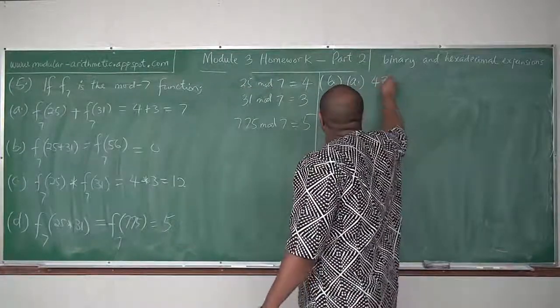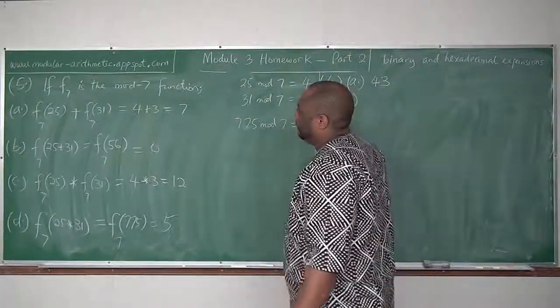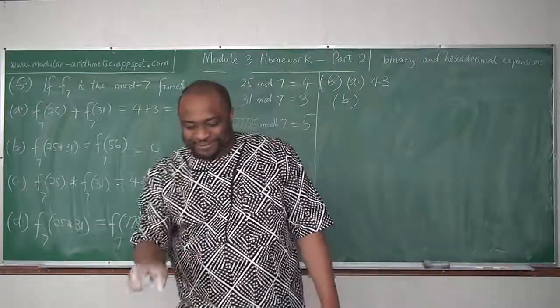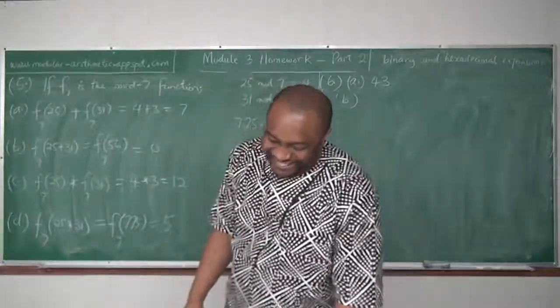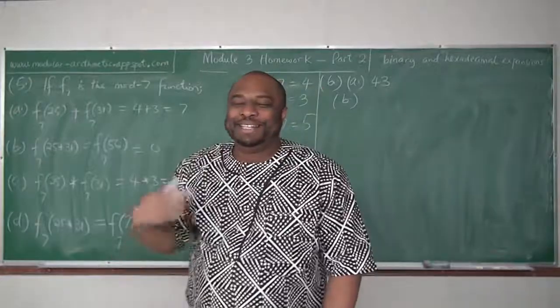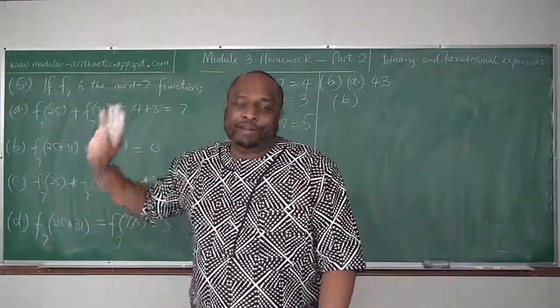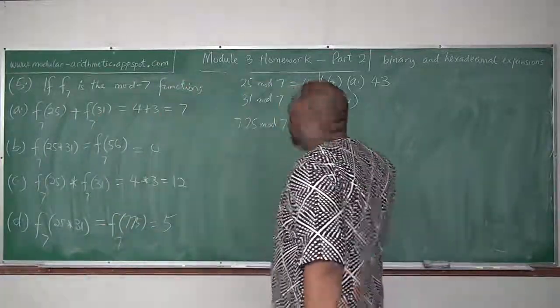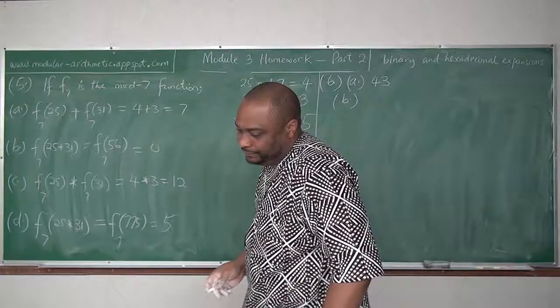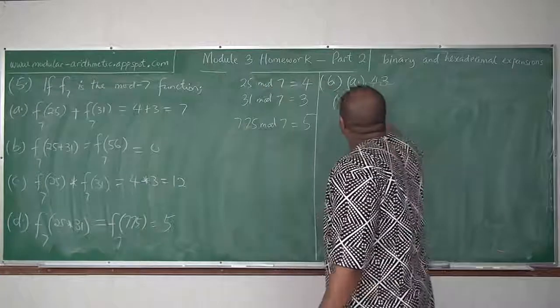I'm using examples, because I can't solve the actual question for you. So I'm doing examples and you can now knock it off. So A is 43 and B is 955.